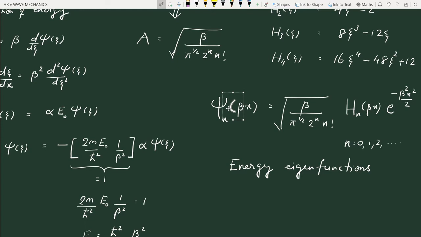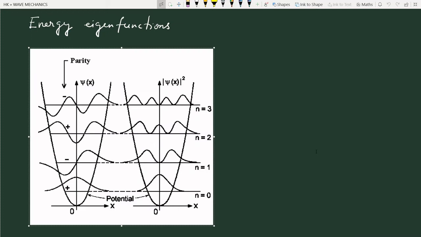So this is the plot of the first 4 eigenfunctions of the linear harmonic oscillator.